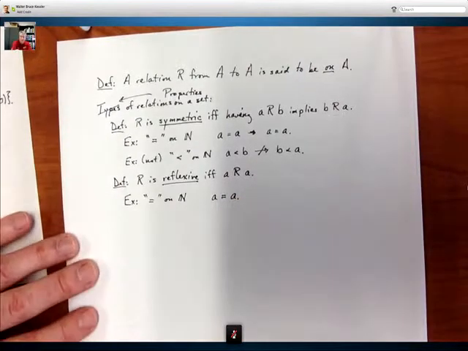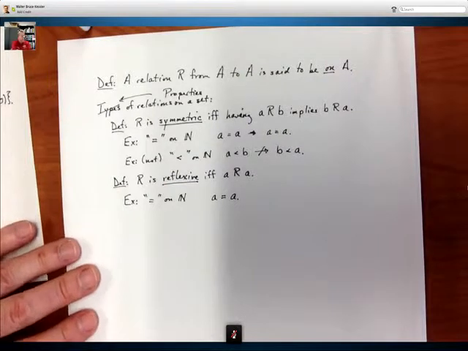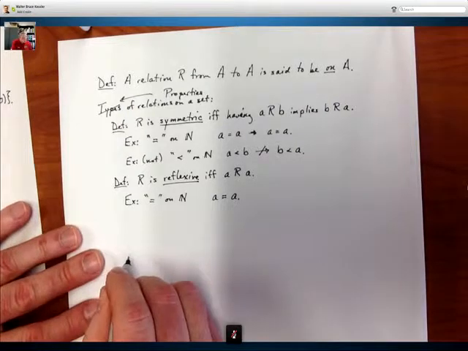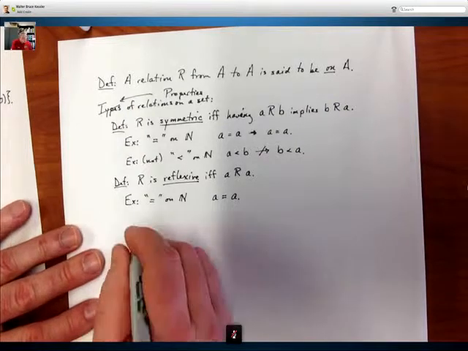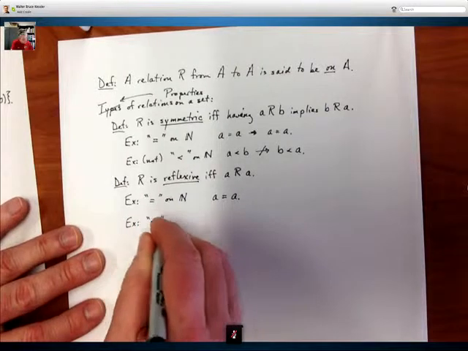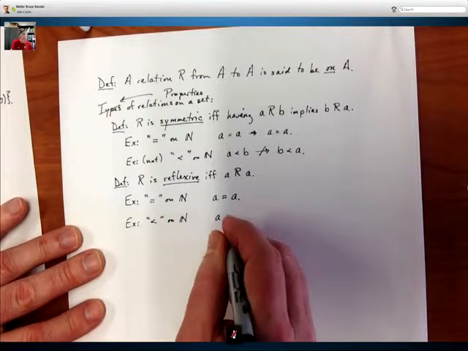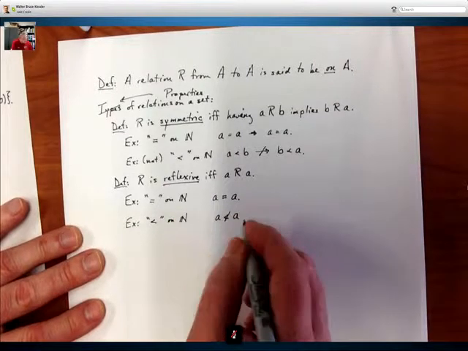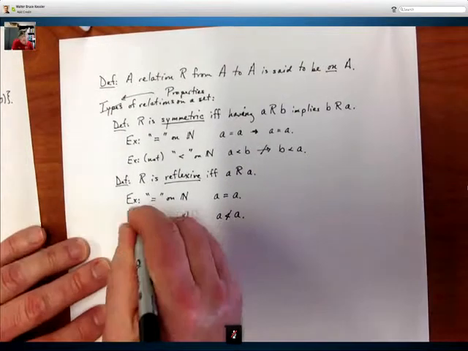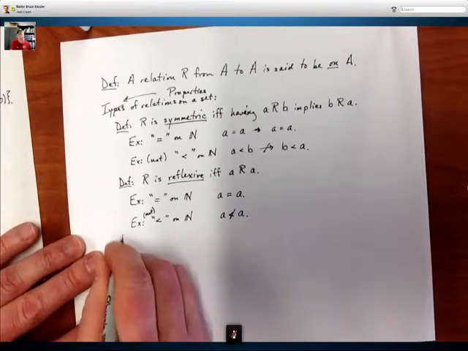And here's an example of not reflexive: less than on natural numbers. Right? Does not happen. This was a not example.